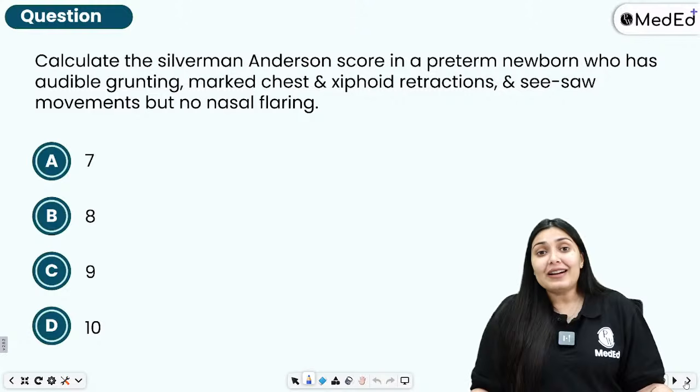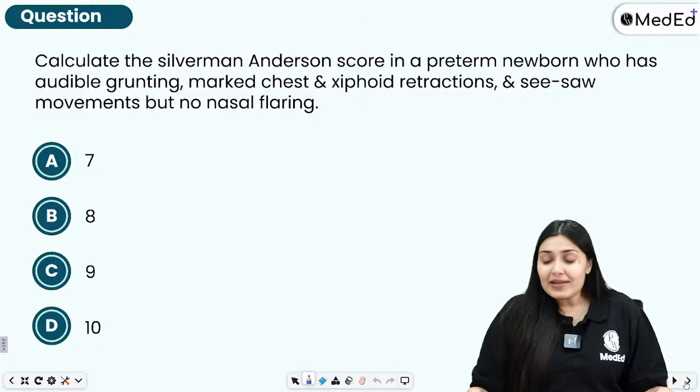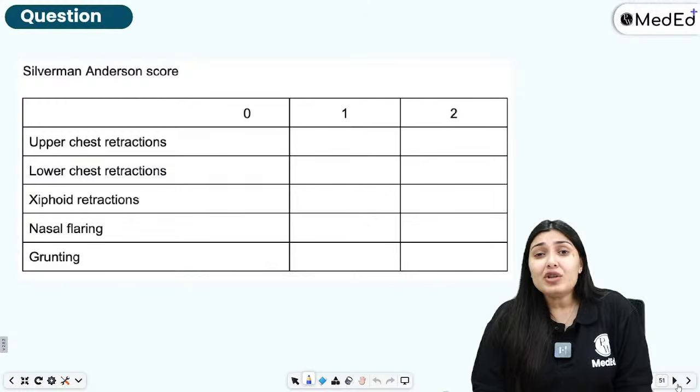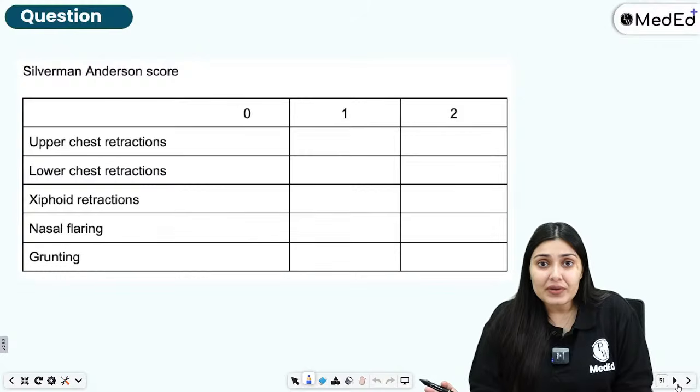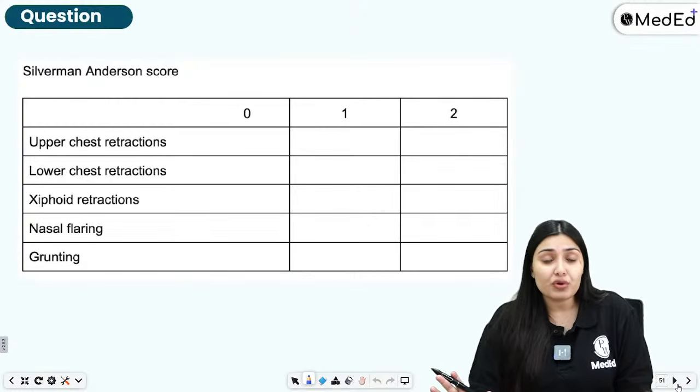So now let's understand what are the different scores that we apply in neonates for respiratory distress. Whenever a newborn is in respiratory distress, there should be some grade, some score that we assign.